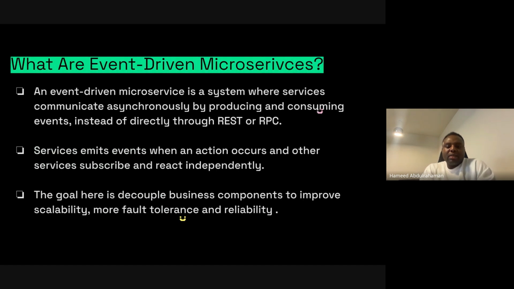So let's start with event-driven microservices itself. If you think about how the internet evolved with the number of users we have today: around 2000 we had just about 6% of the world population, which accounts for about 361 million users using the internet.